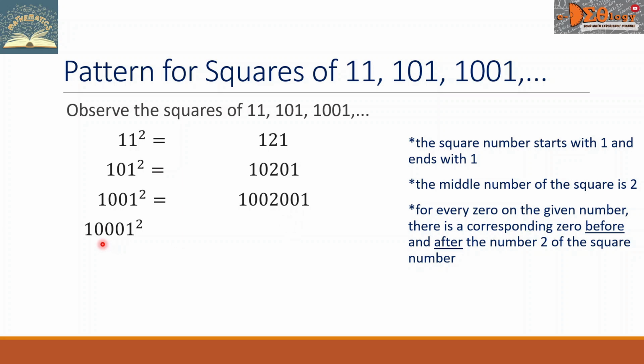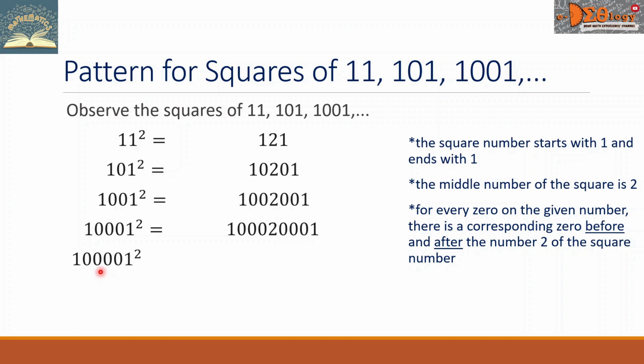Next number is 10,001 squared. This is our answer. The square number starts with 1 and ends with 1. The middle number is 2. In the given number, there are 3 zeros here. So, for the number 2, there are 3 zeros also before this number and after the number 2.